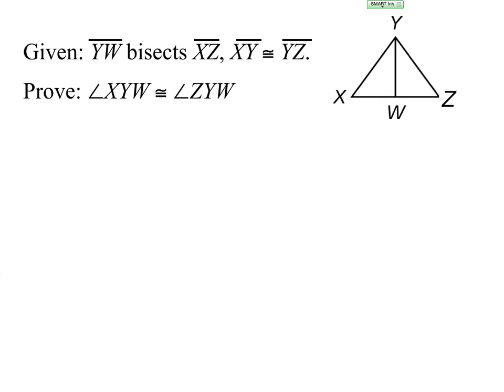We're practicing for your quiz anyway because you have to do proofs and thinking, side, side, side, and all that. All right, let's think what we're given. How can we get angle XYW congruent to angle ZYW?